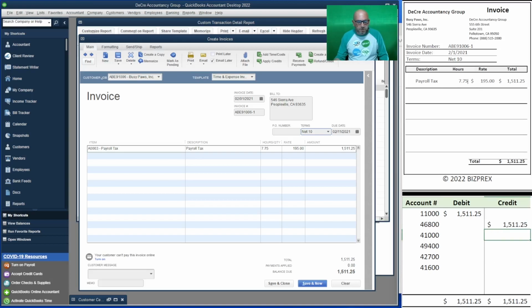Let's see, debits and credits are in balance. This amount right here is a debit to account 11,000. That's our accounts receivable. And this amount right here is a credit to our account 46,800. That's our payroll services income. Revenue goes up when credited. Assets go up when debited. Accounts receivable is an asset account.